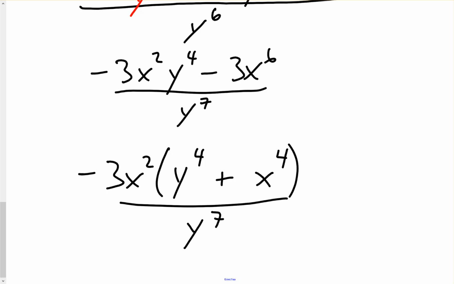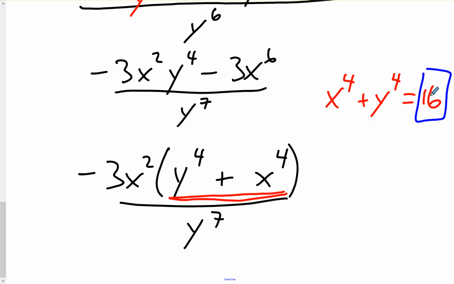And what's interesting is we have a part of the original equation reappear in our answer here. So we're going to simplify even further. Okay, remember the original equation was x to the fourth plus y to the fourth equals 16. Okay, so this 16 I'm going to use to replace x to the fourth plus y to the fourth.